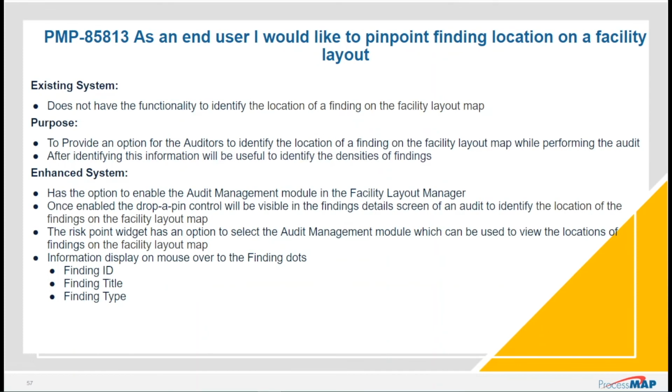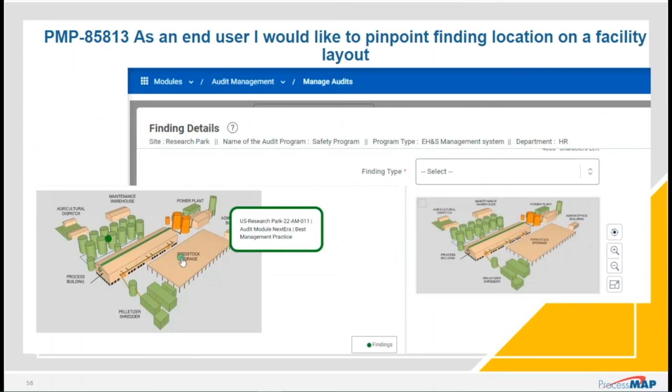Our last enhancement to the audit management module is another really exciting one, and it's the ability to pinpoint a finding location on a facility layout. Some of you may recall this functionality from our incident management module, and now we have also added it to our audits module.